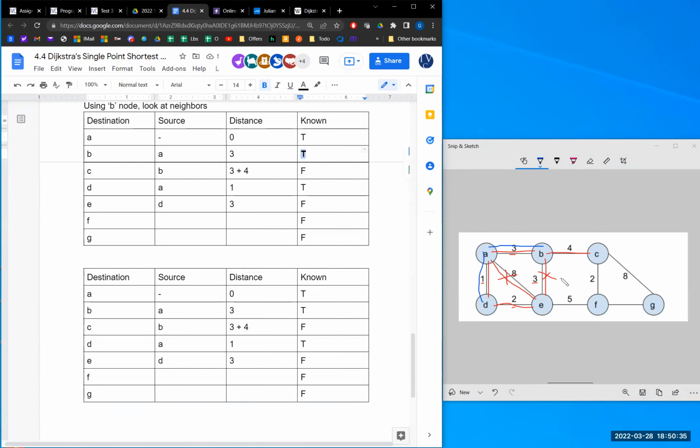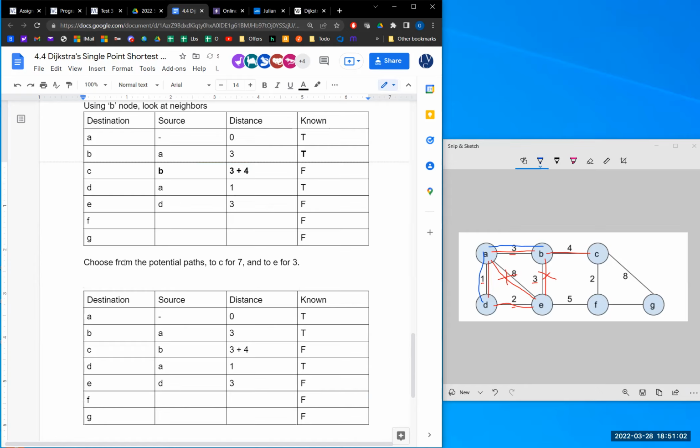Let's see here. All right, and then as before, choose from potential paths. We have to C for 7 and to E for 3.